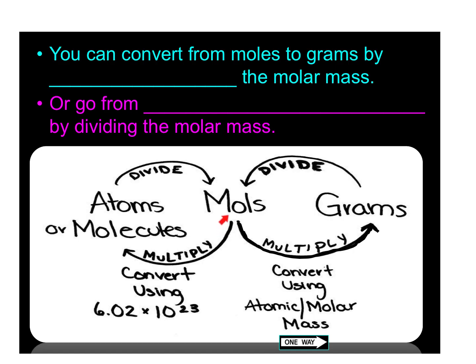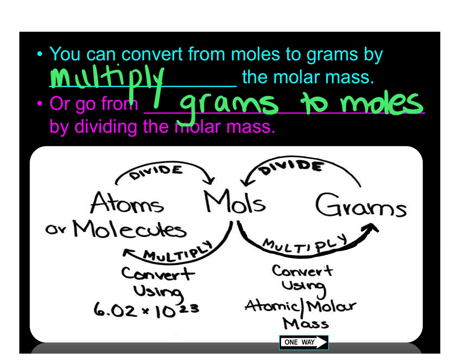So if we want to go from moles to grams, we can multiply by the molar mass. Or if we want to go from grams to moles, we can divide by the molar mass. So now that we know Avogadro's number, we can go from atoms to moles or moles to atoms.